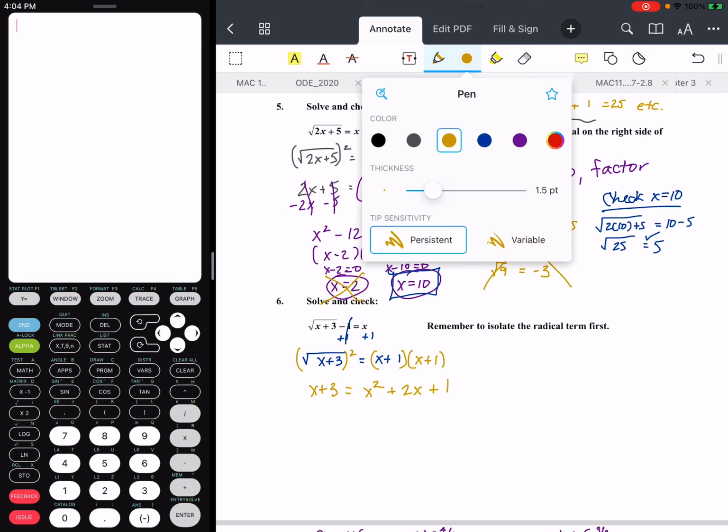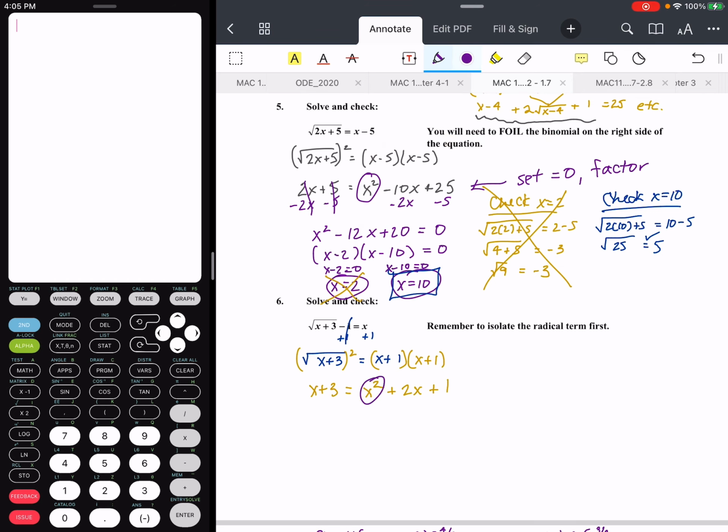And once again, I have that x squared, so I'm going to zero out one side of the equation. So that gives me x squared plus 2x minus x is just plus x or plus 1x. And then 1 minus 3 gives me negative 2, and set that equal to 0.